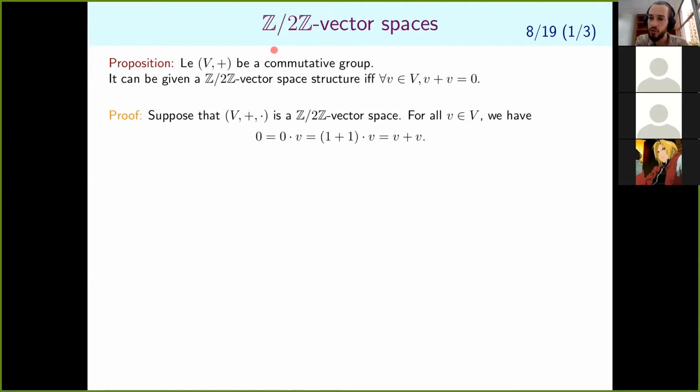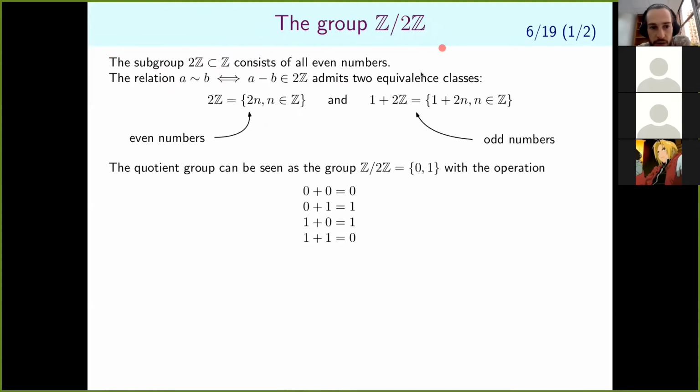Before defining Z over 2Z vector spaces, I have to give Z over 2Z a field structure. What I defined earlier, I only gave you the additive structure of Z over 2Z. But you can also define a multiplicative operation.